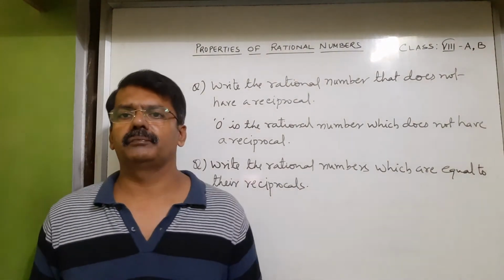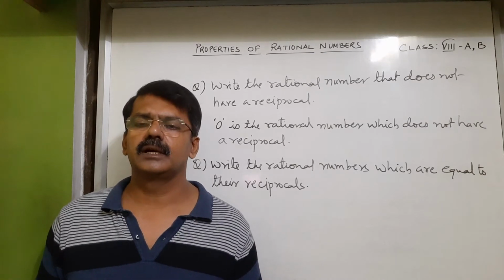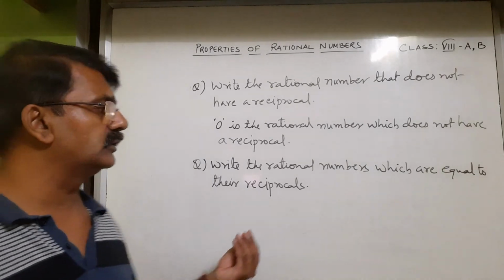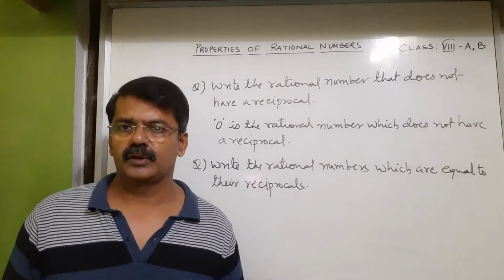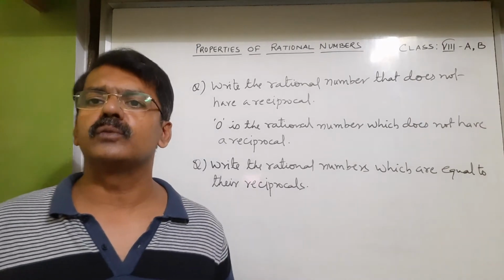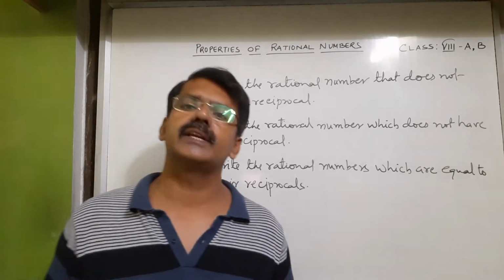So just think about those rational numbers which are equal to reciprocals of themselves. So the first rational number is 1, because the reciprocal of 1 is also 1, isn't that? 1 upon 1 is 1 only.